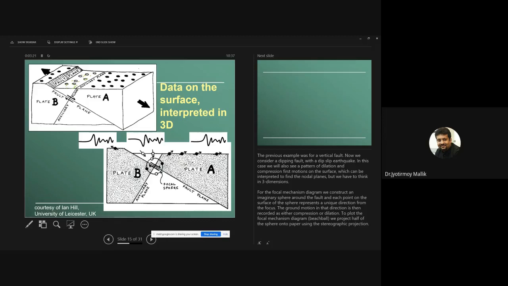Is that clear? Sir, in the stereonet, the empty part represents dilation. The empty part represents dilation, yes. That's what I said.